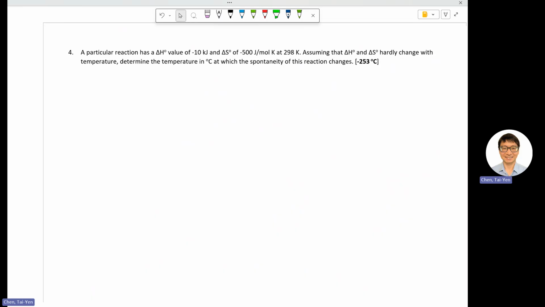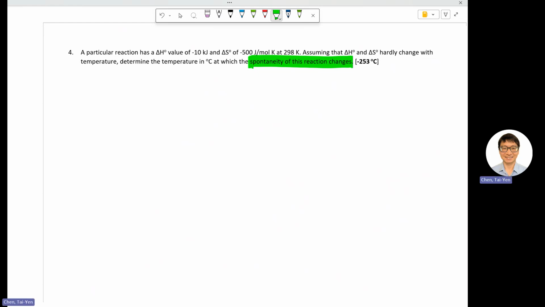This is the part that you want to pay attention to, because it is the part that most students find confusing. We just mentioned that if your delta G is positive, the reaction moves to the reactant side.